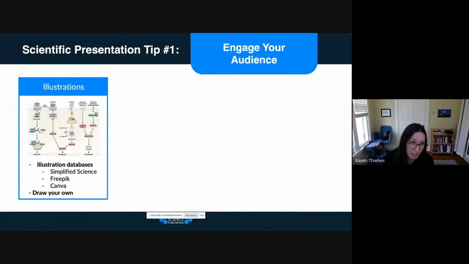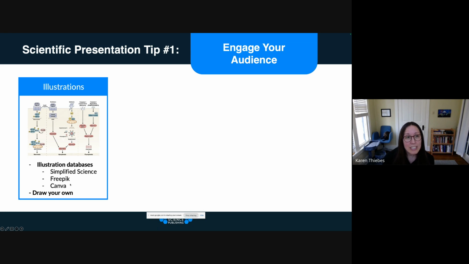Another tip that I mentioned were illustrations. Now, I know not everybody is an artist that can create their own illustrations, but there are databases where you can download illustrations and scientific illustrations. My website has some. FreePic is a great one, and Canva is another great one. And all of these, you do need to read the fine print as well on using illustrations and creating your own custom scientific illustrations.